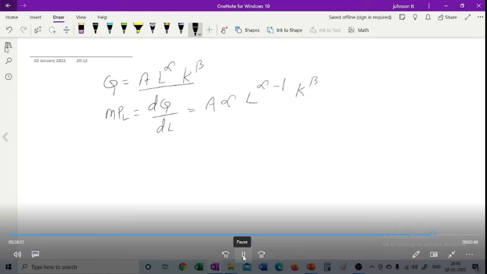So what is L raised to alpha minus 1? L raised to alpha minus 1 can be written as L raised to alpha divided by L. So we can rearrange this equation. Alpha divided by L into A into L raised to alpha K raised to beta.